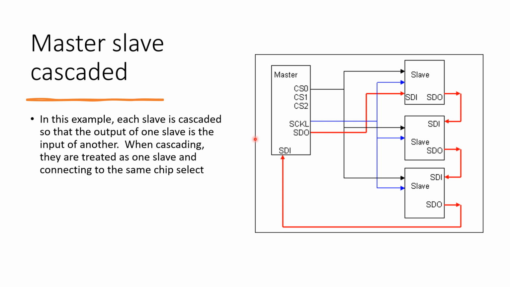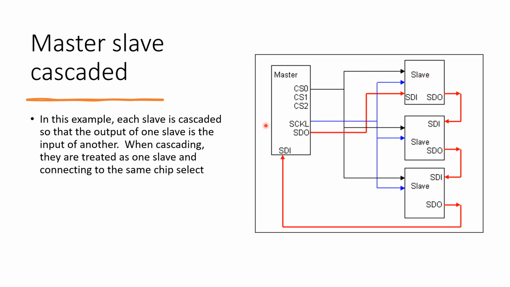Here is a second example. In this example, each slave is cascaded. So the output of one slave is the input of the other. When cascaded, they are treated as one slave connected to the same chip select. So here you have a way of connecting the different masters to the different slaves. If you see, all the chip selects are connected to all the slaves.